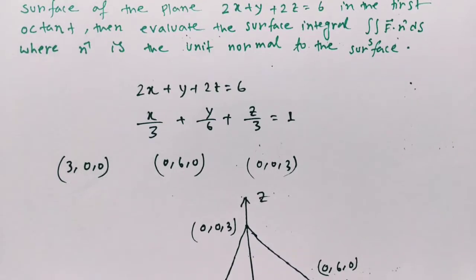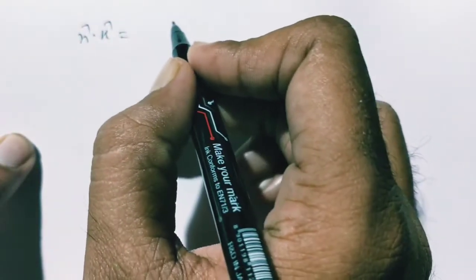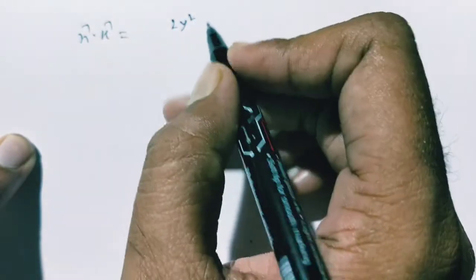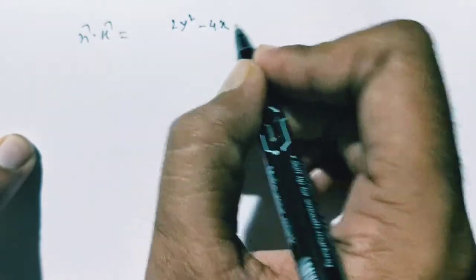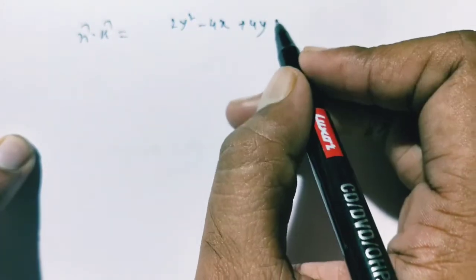Okay, here the expression was 2y square minus 4x plus 4y into what is z?